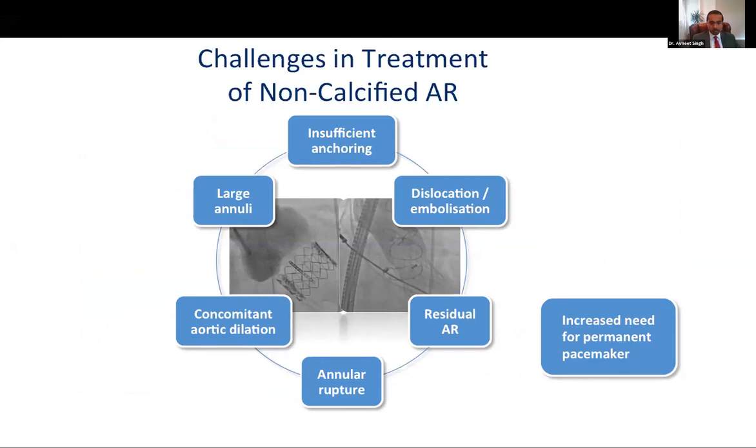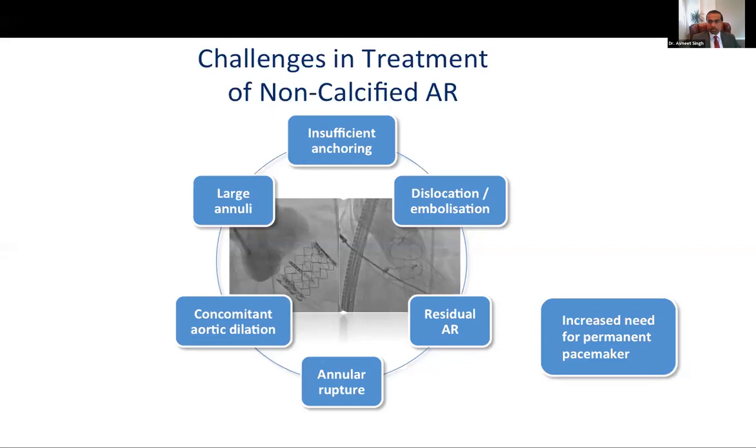We tried an S3, but it didn't stay in position, and it actually embolized into the ventricle. The patient was stable enough that we had to bail him out with surgery. The biggest problem is insufficient anchoring, and due to all these factors, there will be dislocation and embolization. And sometimes you might still have a residual AR and try to treat it with another device.